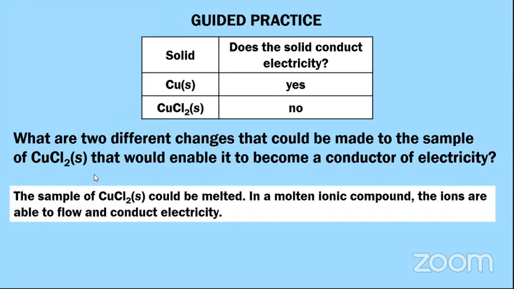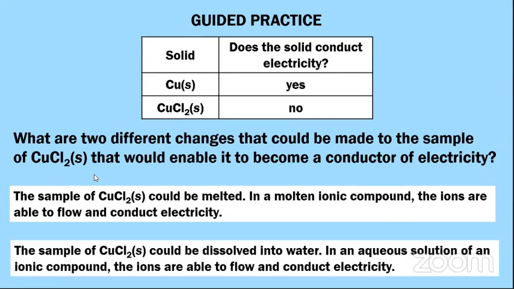So in the molten form, the ions are able to flow and move and conduct electricity. Or we could take a sample of solid copper chloride and dissolve it into distilled water. And in aqueous solution, now the ions are broken up from that matrix and they're able to flow and move. And a solution of salt water, copper chloride dissolved in water, aqueous, could conduct electricity.